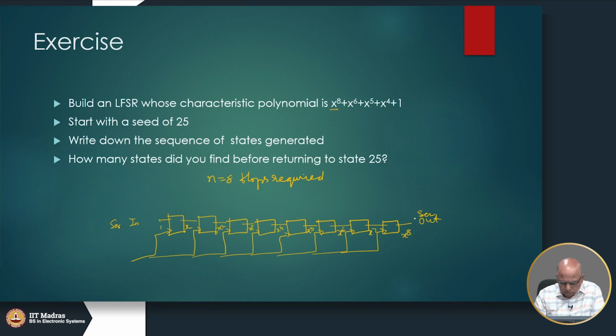What this really means is, if I give an input here, it gets delayed by 1 unit. So, this x is like a delay operator. x square means the input gets delayed by 2 time units, right.